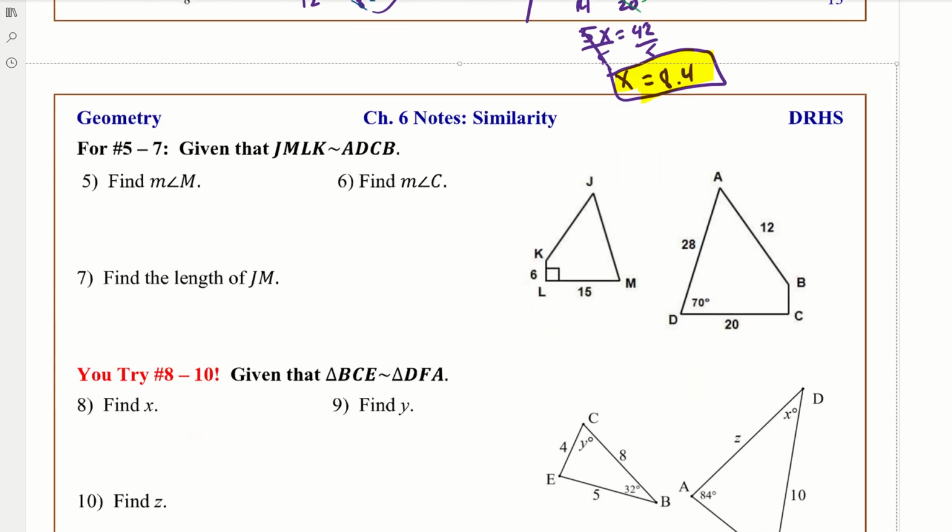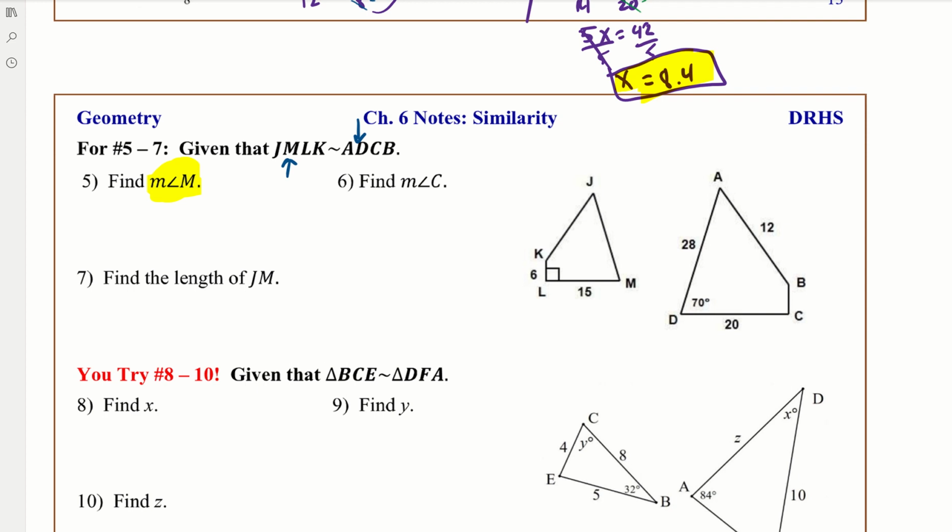All right, so let's look at 5 through 7. Given that JMLK is similar to ADCB, we want to find the measure of angle M. Well, listen up. I know that when figures are similar, their corresponding angles are congruent.